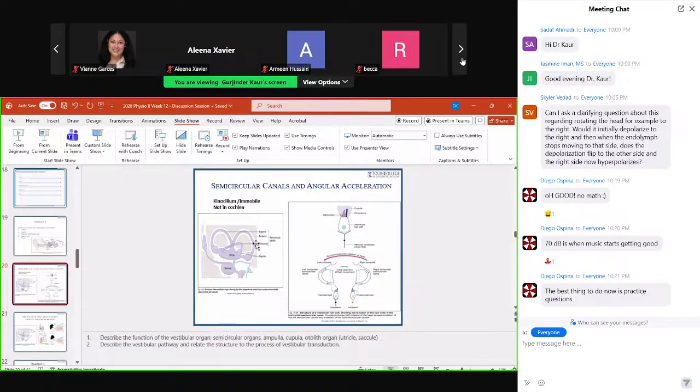Now, by this time, endolymph is catching up. It's going to bring the cupula, or the stereocilia, back into the straight position, how they should be. Is it making sense, Kyla? That makes so much sense. Thank you so much, Dr. Kaur. You're welcome. Any other question?